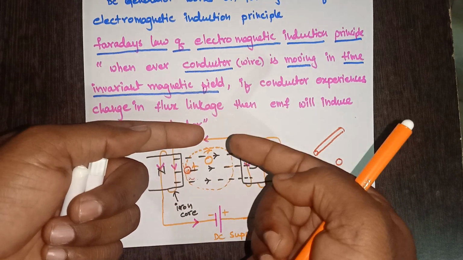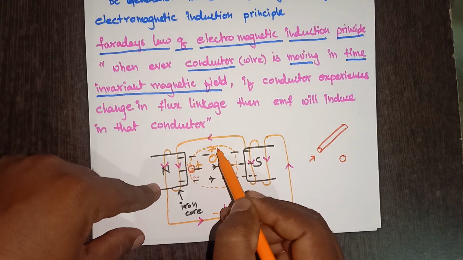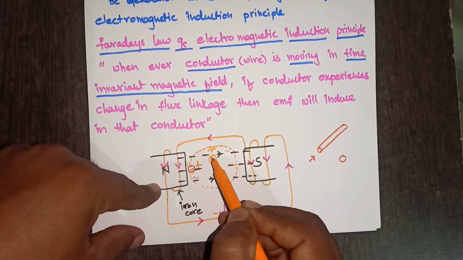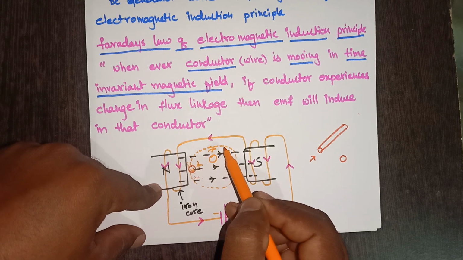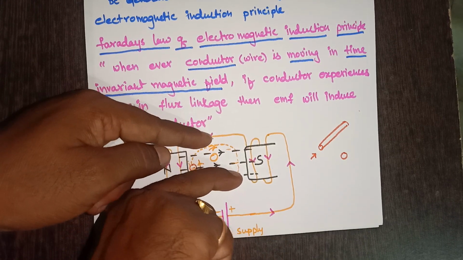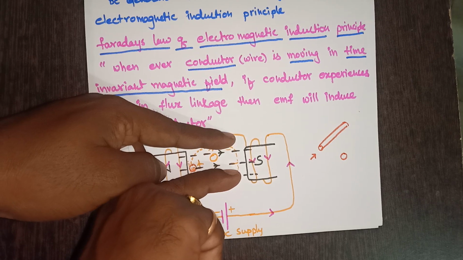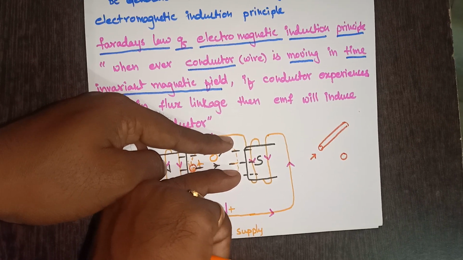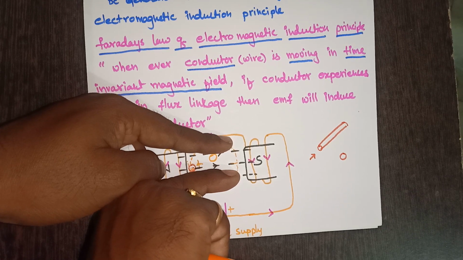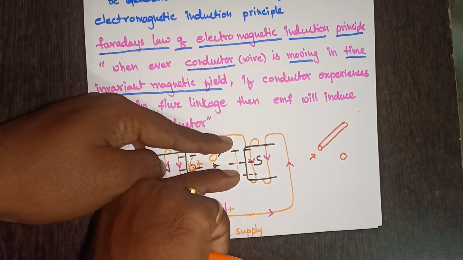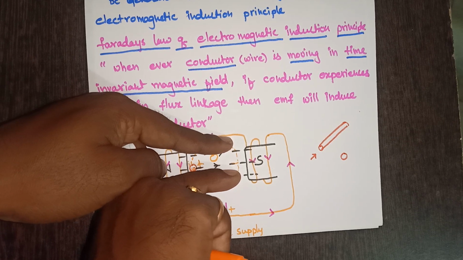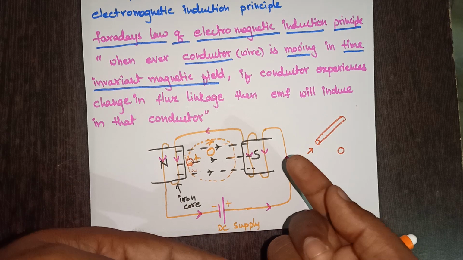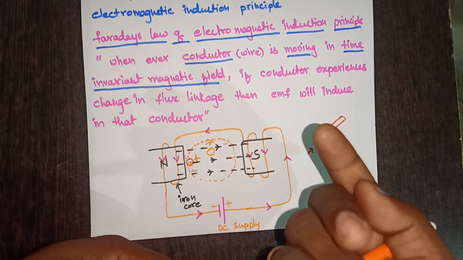But in this region, flux lines are flowing along the x-axis, from left side to right side, and the conductor movement is also in the same direction. So both are parallel, and I can say the angle between the direction of flux lines and conductor movement is 0. Whenever that angle is 0, there is no flux cut. As there is no flux cut, there is no change in flux linkages.